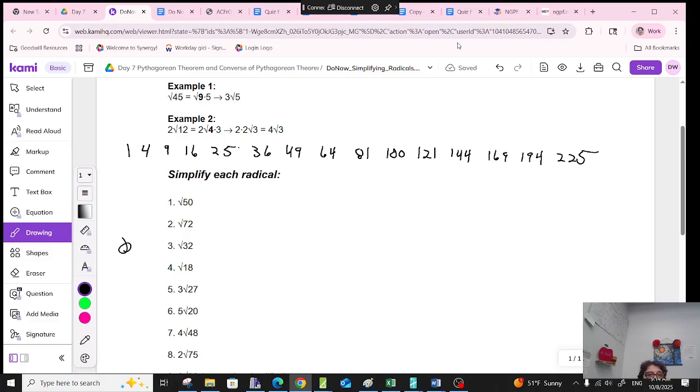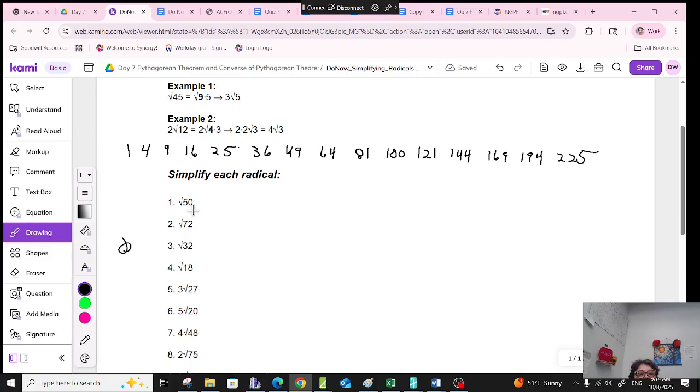So we use perfect squares because when we are simplifying, you want to try to find the largest perfect square that goes into this number equally.